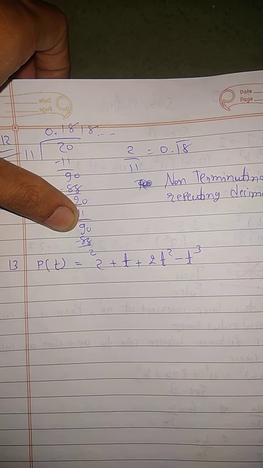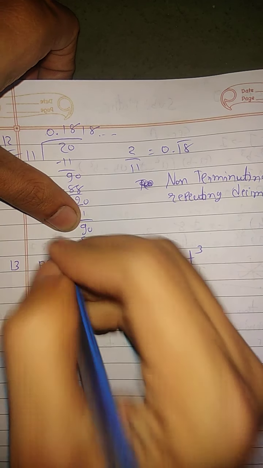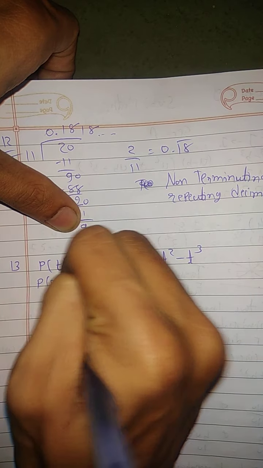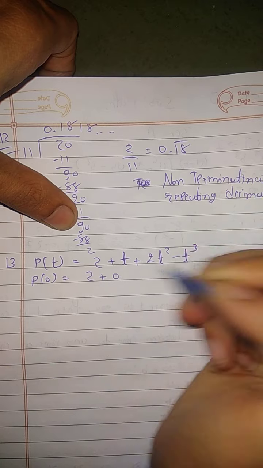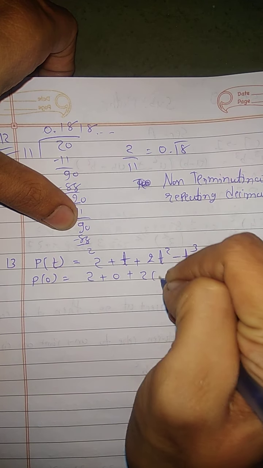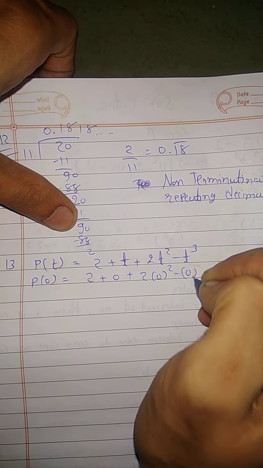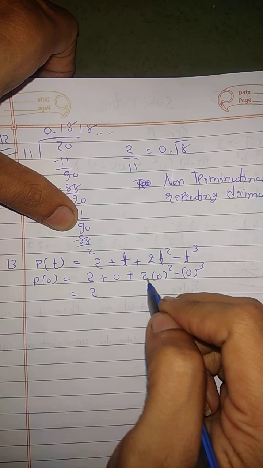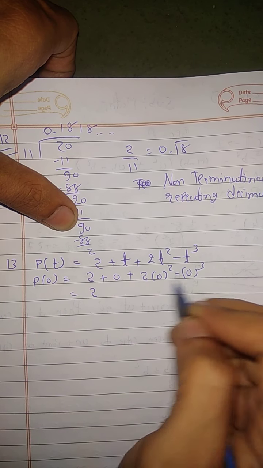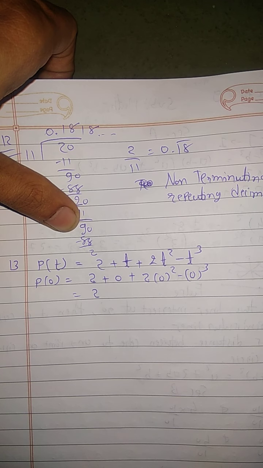Okay, and we need to find P0 and P1. So put the value of t equal to 0 here. So 2 plus, in place of t 0, here also 0 and here also 0. Okay, so here 2, 0 into 2 is 0, here also 0, so our answer is 2.